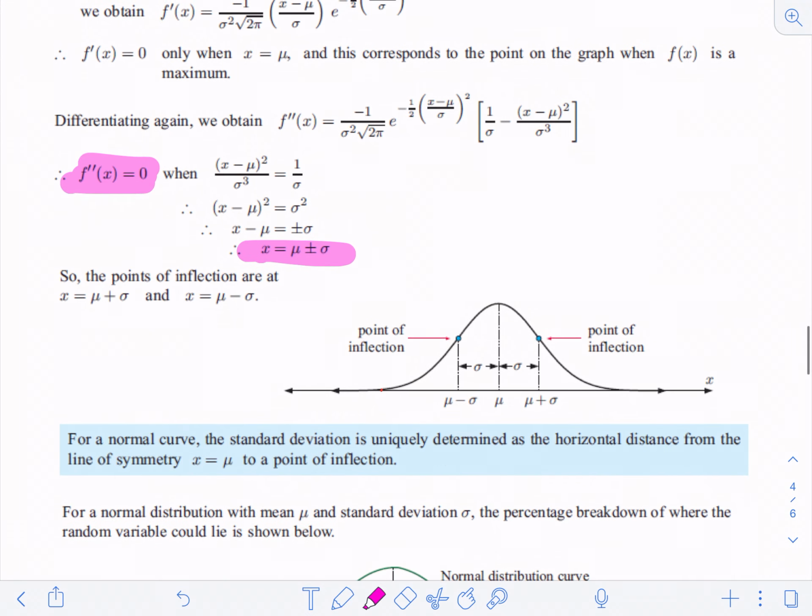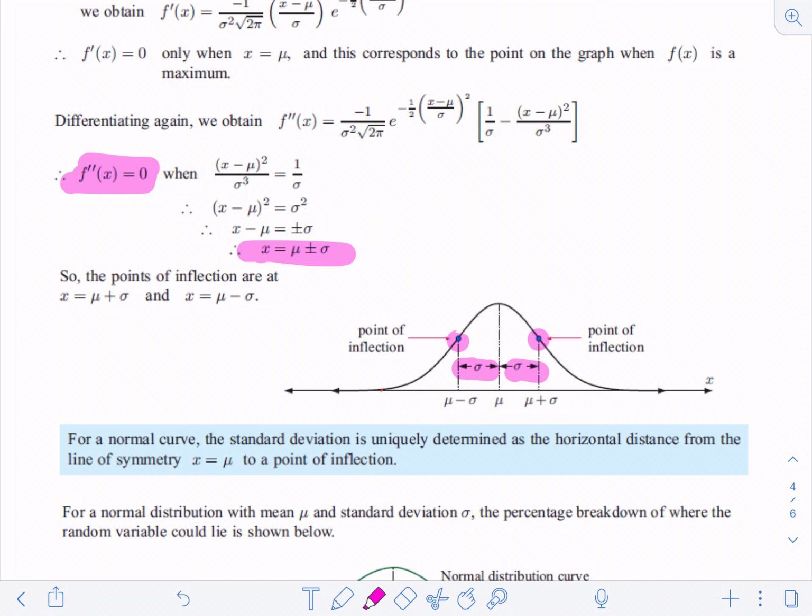So what it says is the points of inflection of my graph occur when I am one standard deviation away from the mean. Whatever the standard deviation is, if I go left or right of the mean by that amount, that's going to be where my points of inflection are.